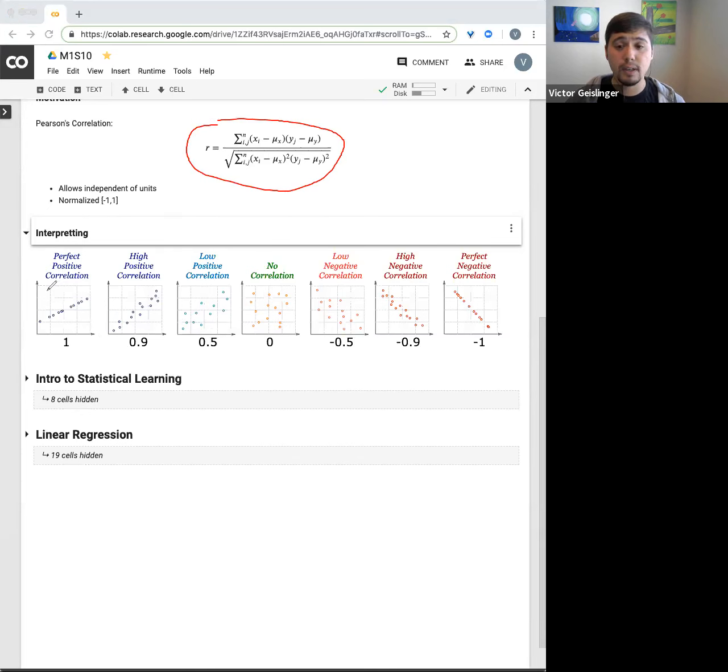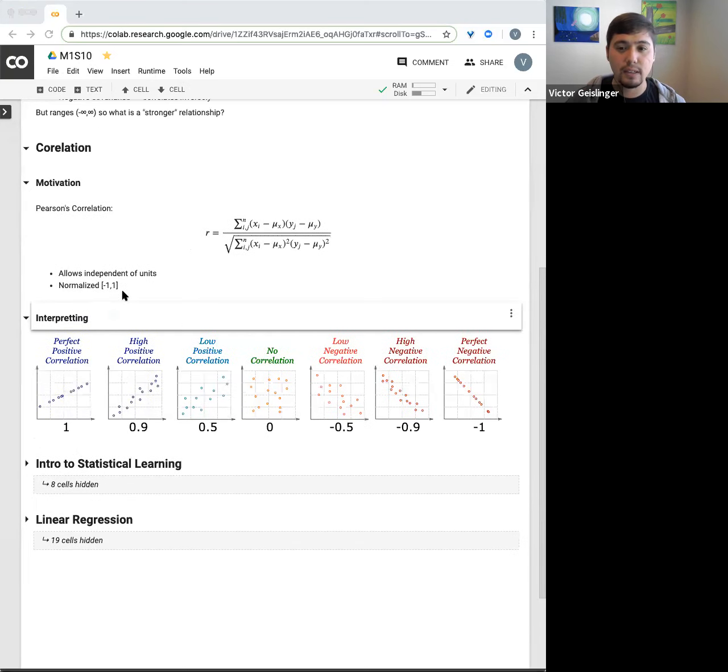You can make a computer compute it, but honestly, one of the best ways to double check things very quickly is just to plot it out and see what the data looks like. And you can very quickly tell, and we'll talk a little about this when we look at linear regression, when it works and when it doesn't work, or when it's really useful, that it matters just looking at the graph itself. So that's covariance and correlation.